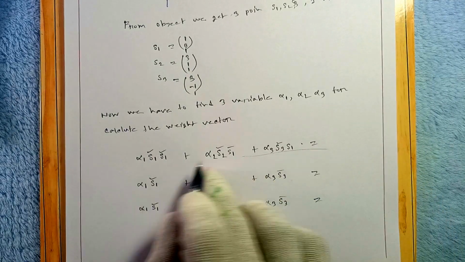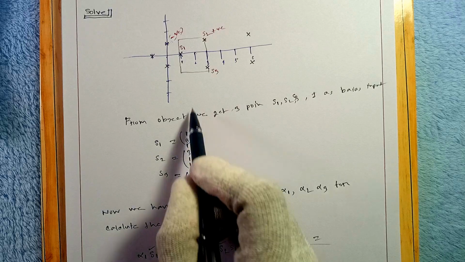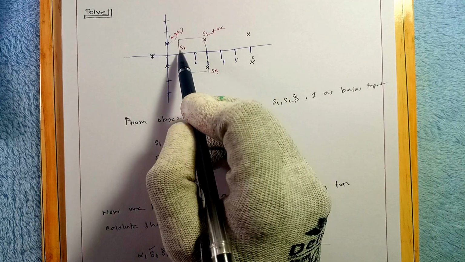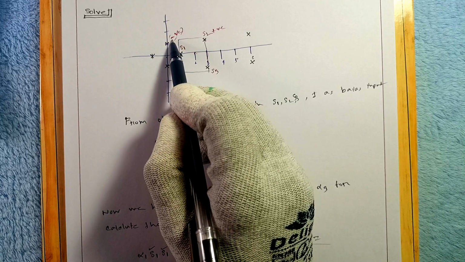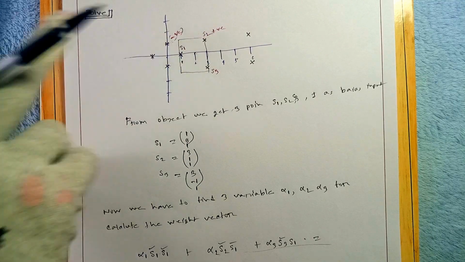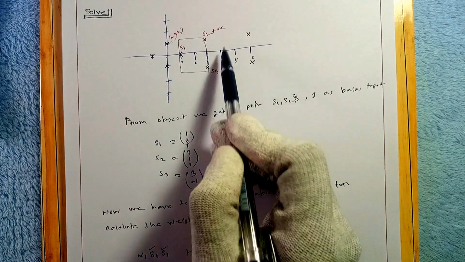Now what will be this value? Here S1 is (1, 0). This belongs to the minus side, and S2 and S3 belong to the plus side.